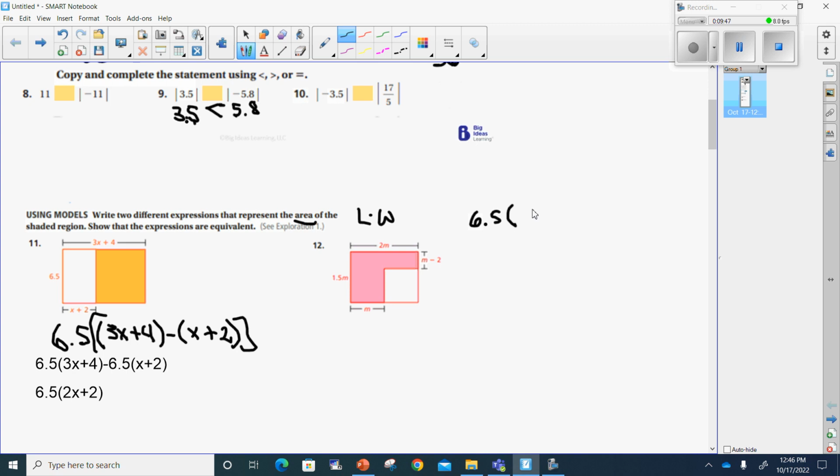And when I do that, that's going to give me 3x plus 4. A negative times a positive is a negative. So this would be a negative x. And this would be a negative 2.